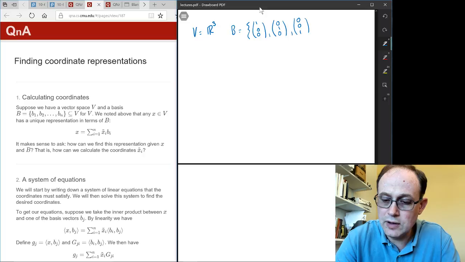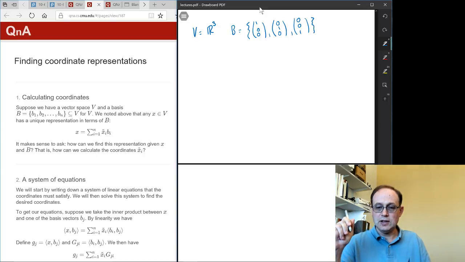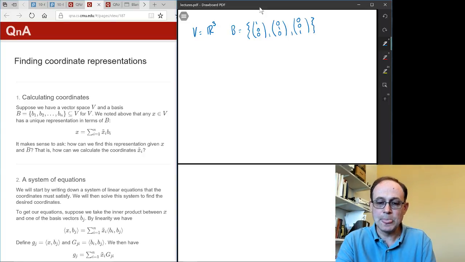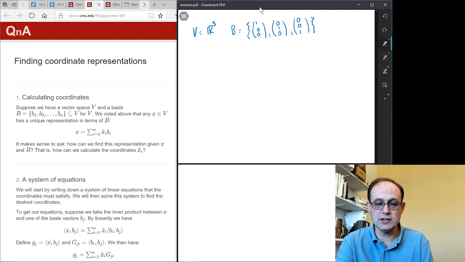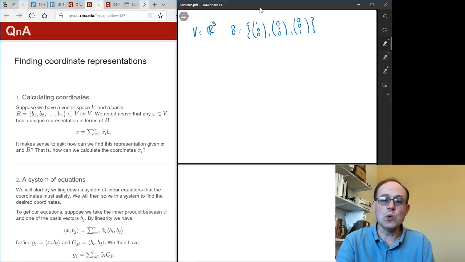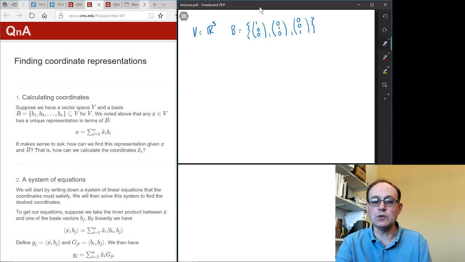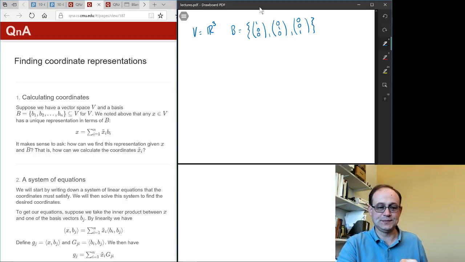You can verify for yourself that any vector in R^3 is a linear combination of these vectors. You just take the first coordinate times this vector, the second coordinate times that vector, and the third coordinate times that vector. And if you were to add any other vector to this set, it would become linearly dependent. All right.